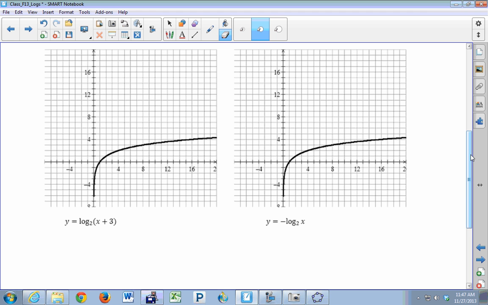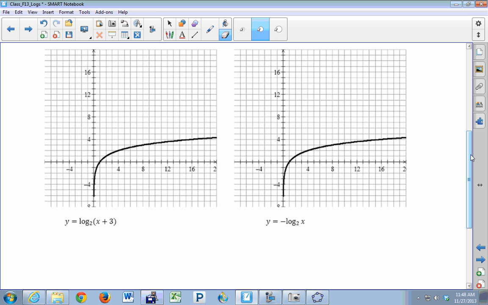Are we working on the input, or are we affecting the output? The input, because x has been changed. It's not log base 2 of x, it's log base 2 of the quantity x plus 3. So how am I shifting if I'm on the inside of my function?